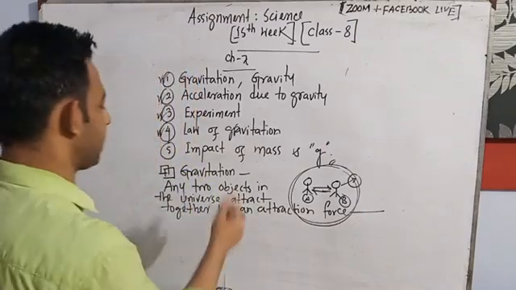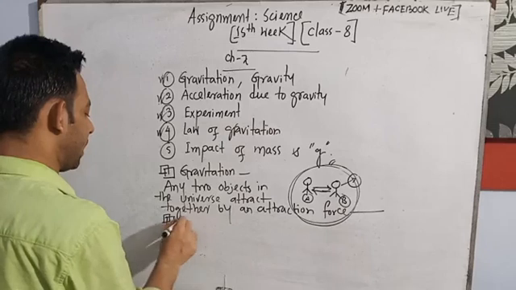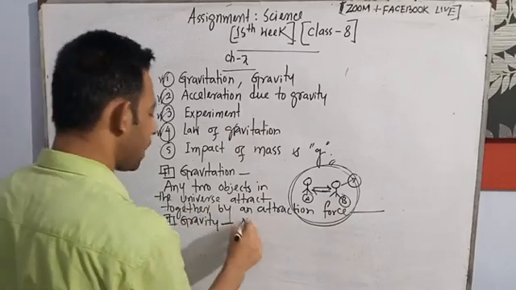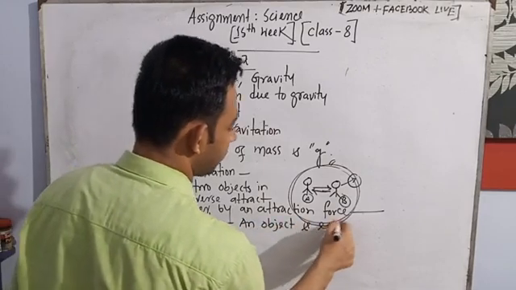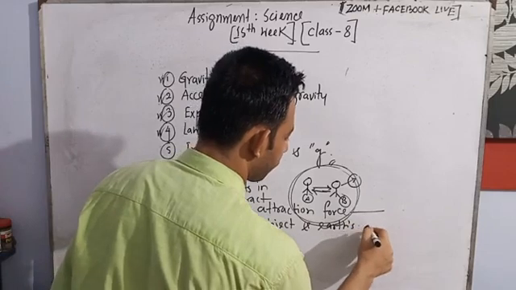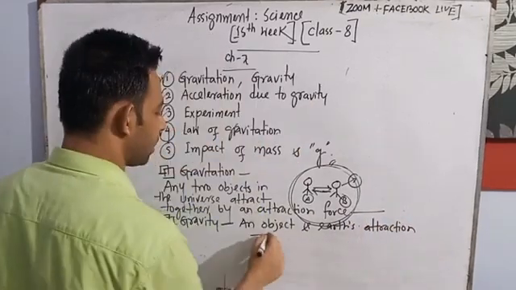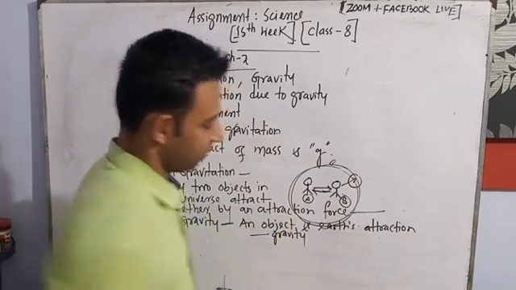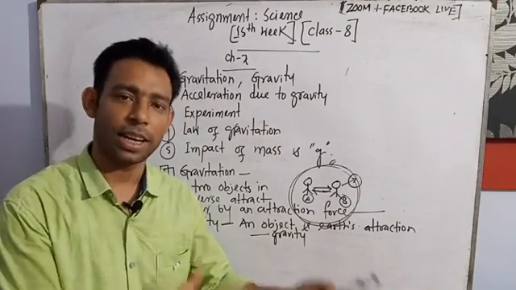You can write it better: gravity is the attraction between an object and the earth. So is it clear now what gravity is and what gravitation is?